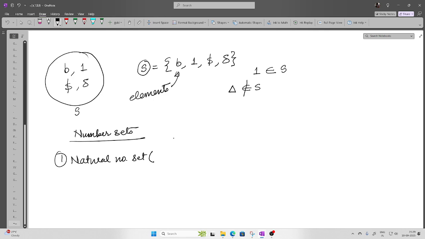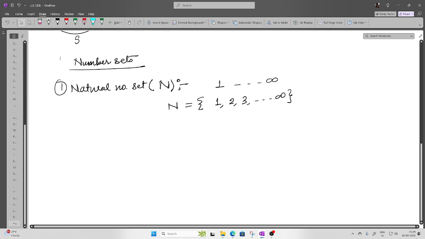It is represented as capital N. So what are natural numbers? They are the whole numbers, complete numbers, starting from 1 and moving up to infinity. So if I write this set, then this will be 1, 2, 3, and so on. So this is what the natural number set is.